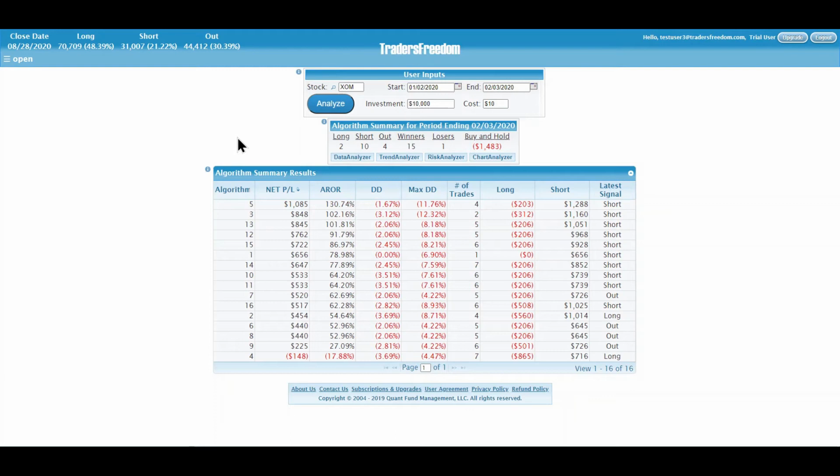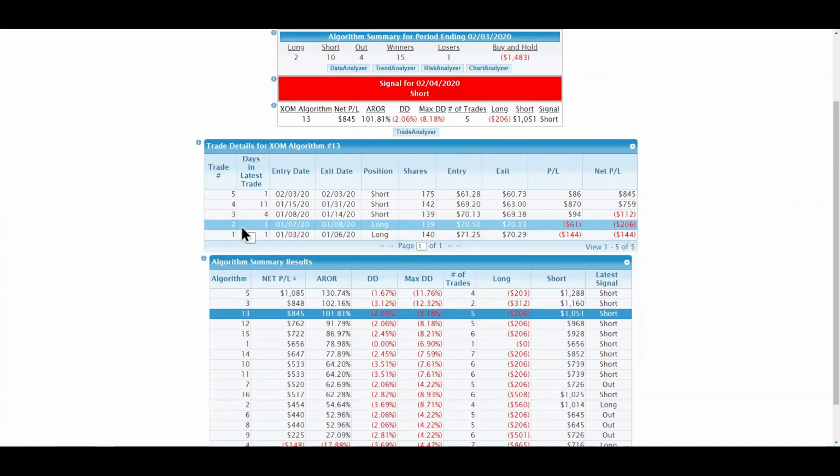Then we have the even more precise trade details table, which pops up when you click on any single algorithm row. So in our example, we chose algorithm model XMO13. So we click, and in seconds, boom, you have your results again.